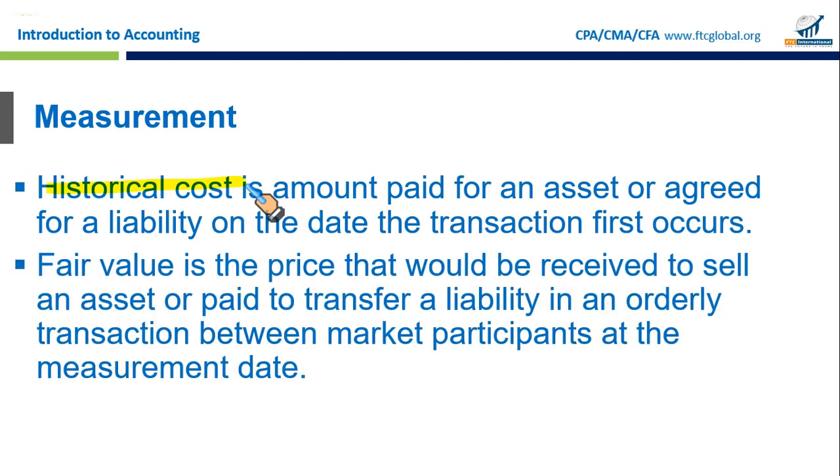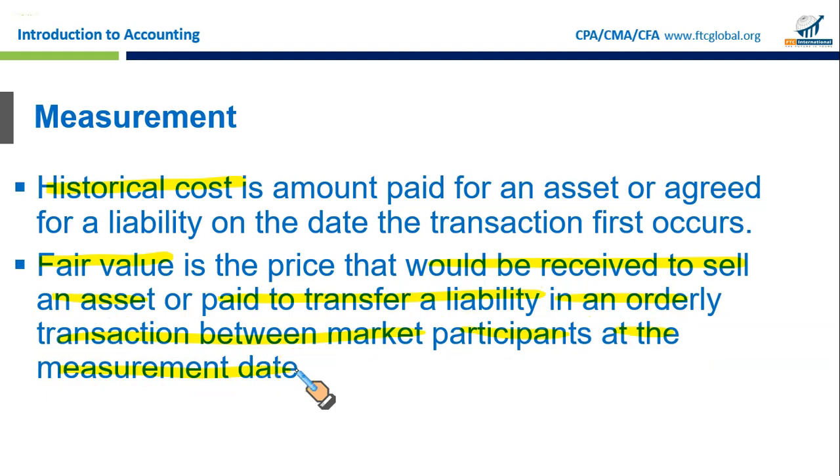The next alternative we have is fair value. Basically, fair value reflects the current market conditions and can fluctuate over time. This measurement is more relevant in dynamic markets, as it provides a more accurate depiction of the current value of assets or liabilities. Fair value is the price that would be received to sell an asset or paid to transfer a liability in an orderly transaction between market participants at the measurement date.